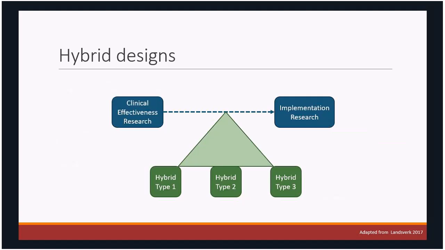So in type 1, we're primarily doing effectiveness, but also gathering some preliminary implementation data as well, moving sequentially more towards full-blown implementation research. This helps us acknowledge that we can be thinking about implementation research questions even when we don't have effectiveness data fully teased out.